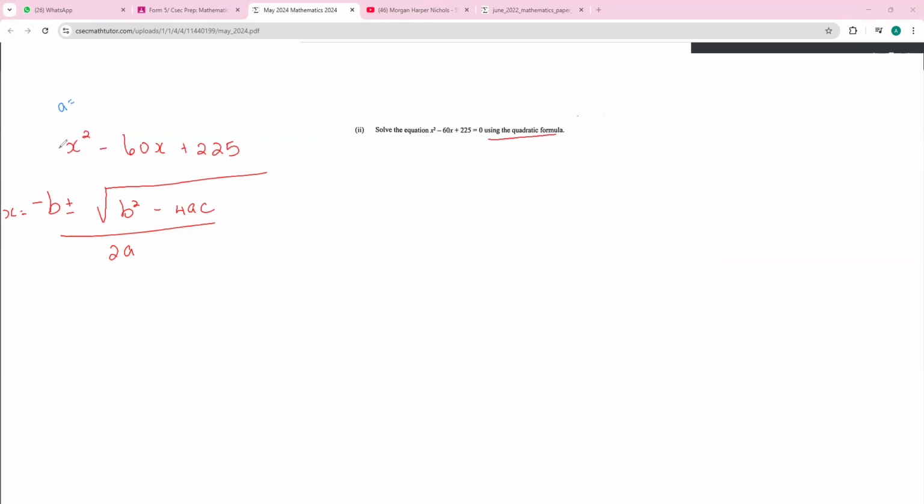A is a number in front of x squared. There's no number, so we understand it's 1. B is a number in front of x. Remember, numbers have sign. So B is actually negative 60. C is a number by itself, the constant. So C is 225.